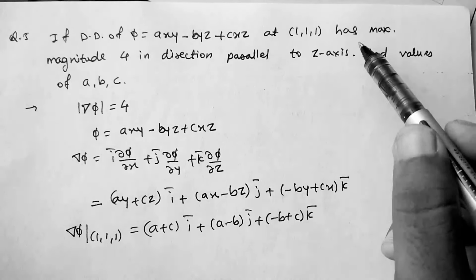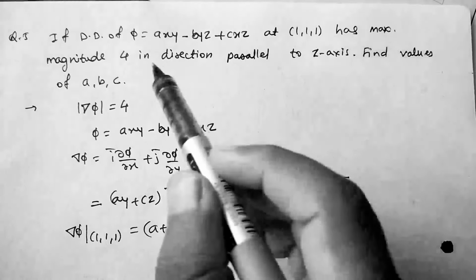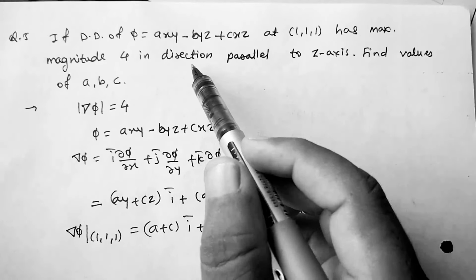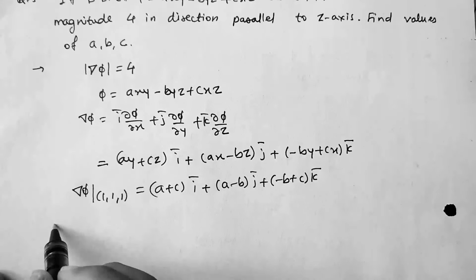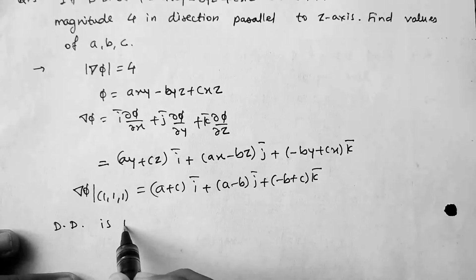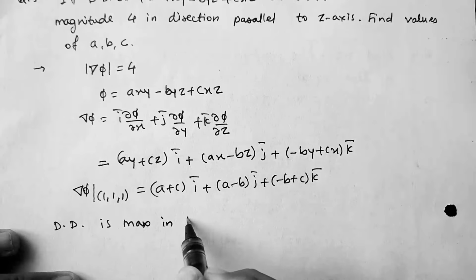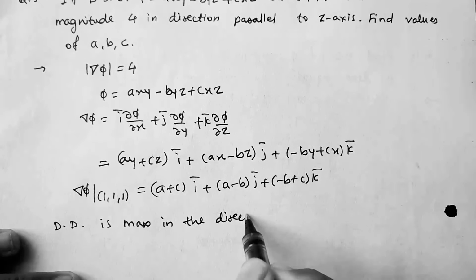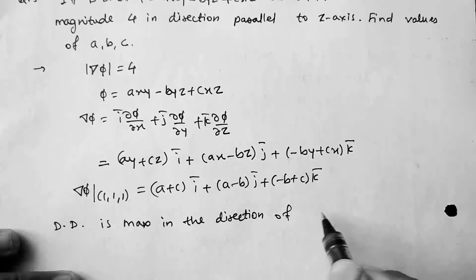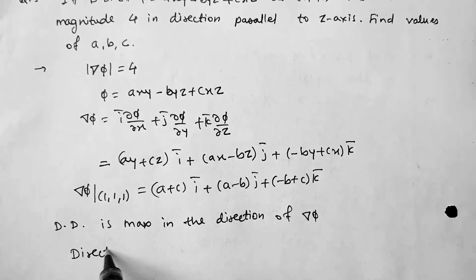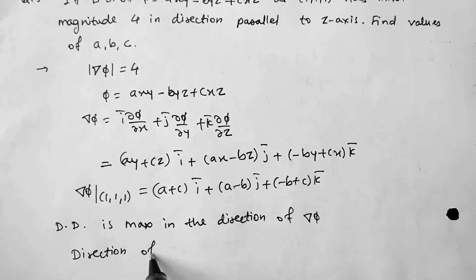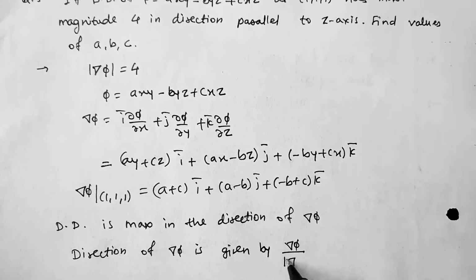Now here it is given that the directional derivative has maximum magnitude 4. Now we know that the directional derivative is maximum in the direction of del phi, and the direction of del phi is given by del phi upon mod of del phi.